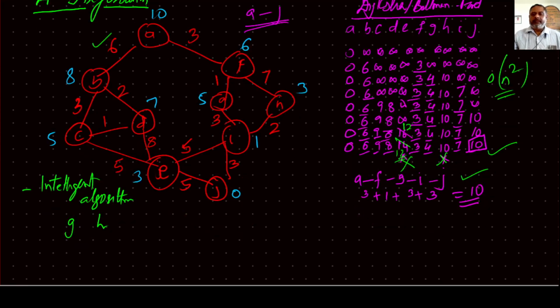So here, these all are g values and these are h values. It says that A is approximately 10 units away from the destination, F is 6 units away from the destination, H is 3 units away, B is 8 units away, and so on.